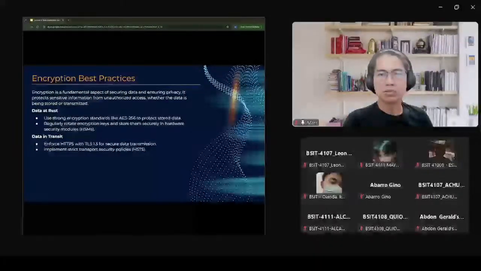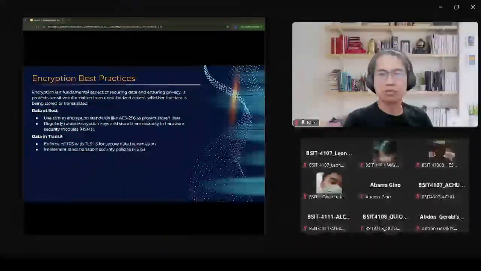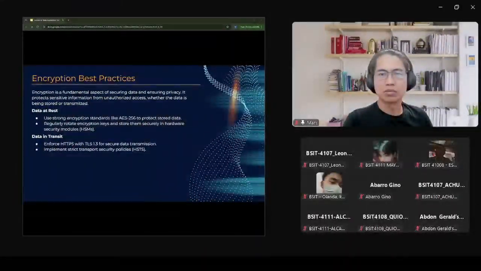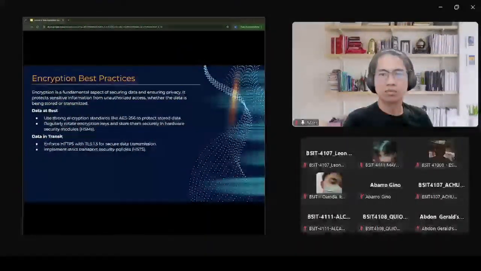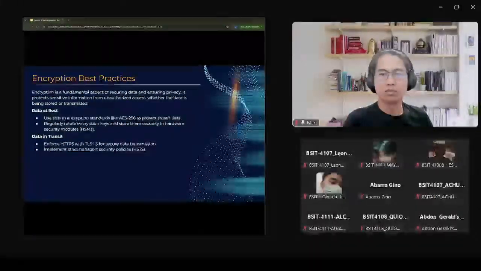This prevents attackers from downgrading the connection to an insecure version. HSTS forces browsers to only connect to your site over HTTPS, mitigating the risk of man-in-the-middle attacks, where an attacker intercepts the communication and injects malicious content.